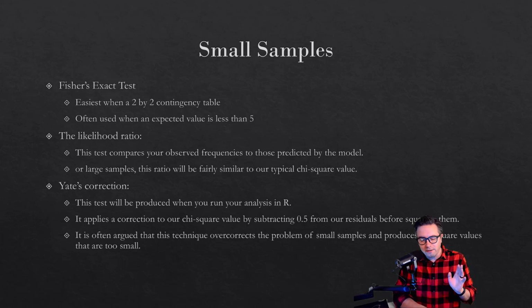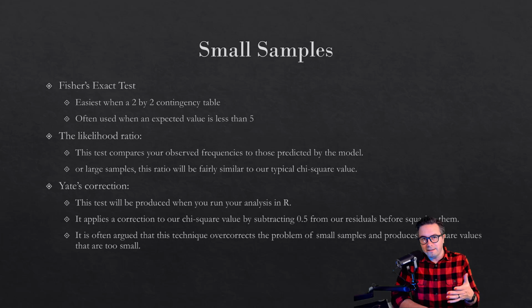Another thing I need to point out is the Yates correction. What this does is take the chi-square and modify it to help it out. It applies a correction to our chi-square value by subtracting 0.5 from our residuals before squaring them.